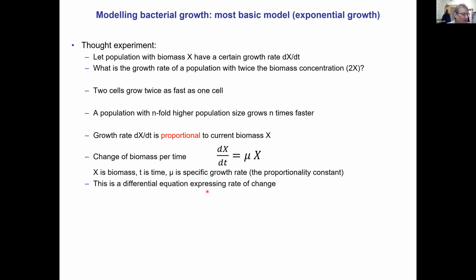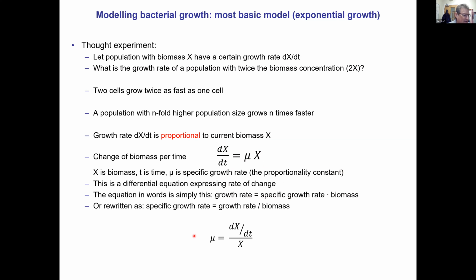This is generally called a differential equation, expressing the rate of change of a variable with respect to time, in this case how fast the population increases or decreases. That's equal to the current population size times this specific growth rate. In words, this equation says growth rate is equal to specific growth rate times biomass.